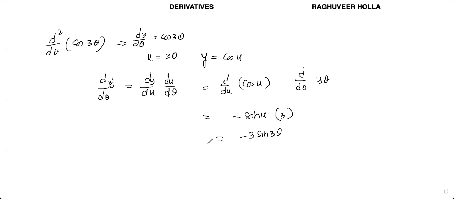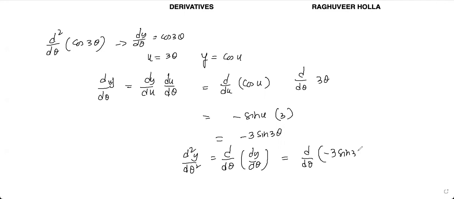Now again differentiating with respect to theta. So that is d square y by d theta square, which is d by d theta of dy by d theta, which is d by d theta of minus 3 sine 3 theta.